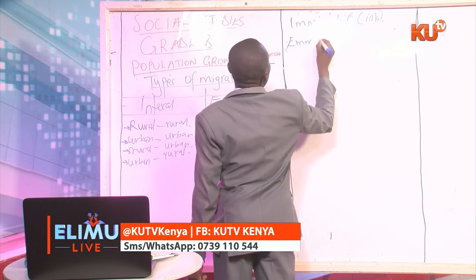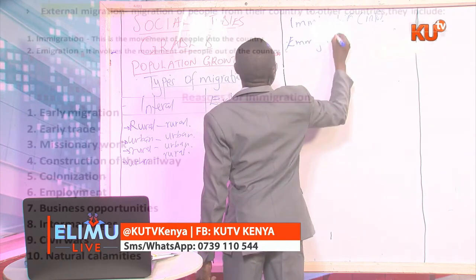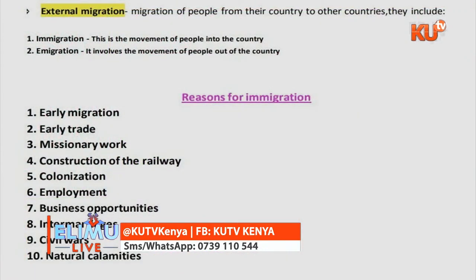Emi means out of. Emigration means out of the country. Immigration means into the country.